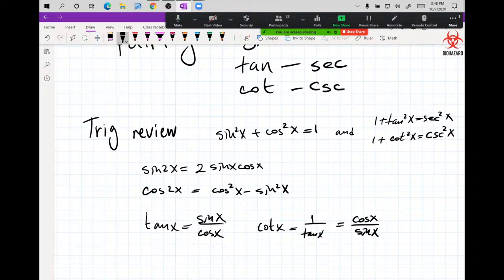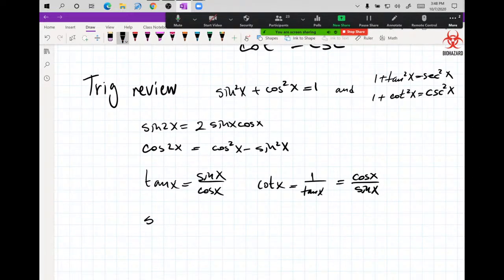I forgot about the basic equations over here. So just in case that someone missed these, cosecant x, and then sine x goes here. There we go. So this is your trig review.